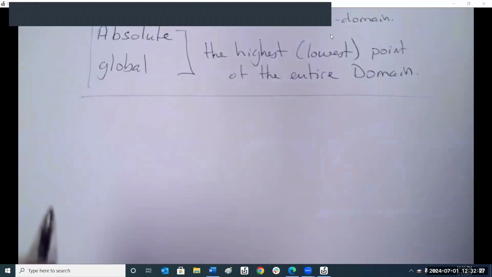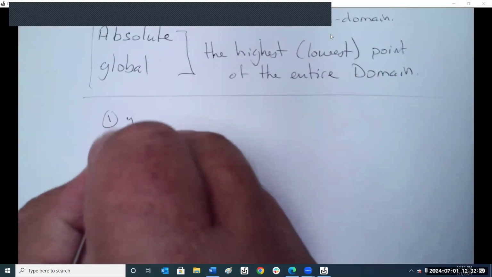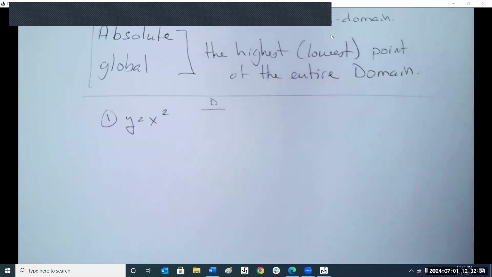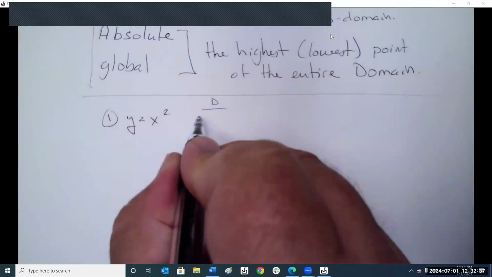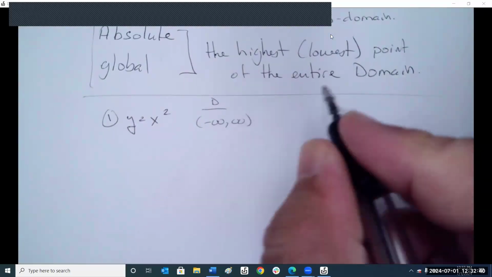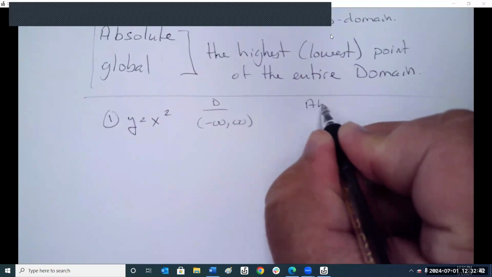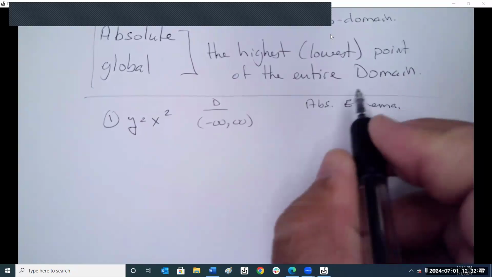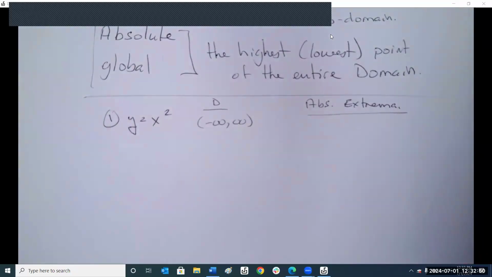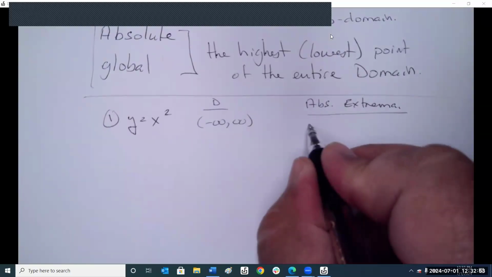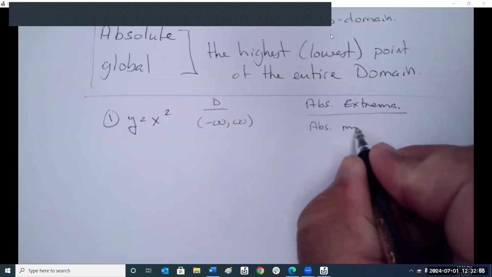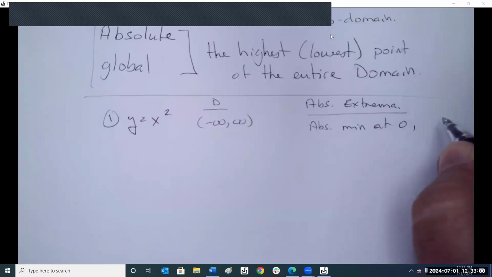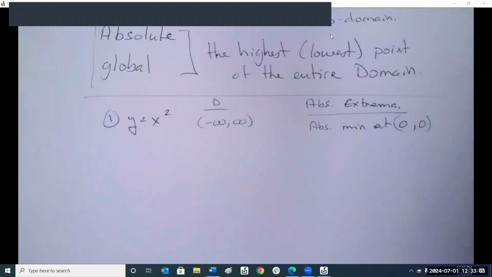Y equals X squared. What's my domain there? And it's an open interval, right? Do I have any absolute extrema? Yeah, and where is it at?